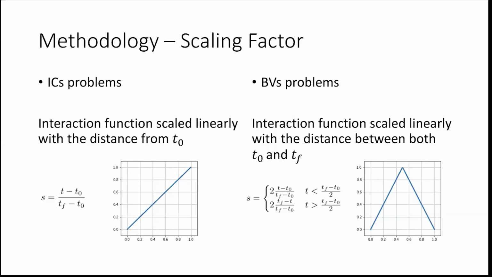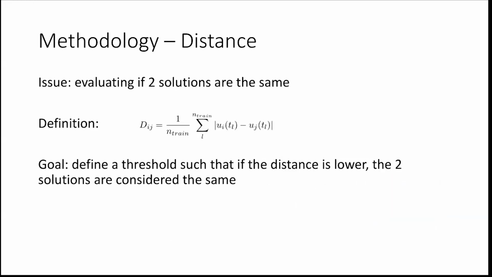Near the fixed points, for example near t0 in initial condition problems, the interaction function will have 0 value, while it will have the maximum value, in this case 1, at the other extreme of the interval. And something similar for boundary value problems, with 0 at the boundaries and the maximum in the middle. This is just linear, but it could be investigated better.